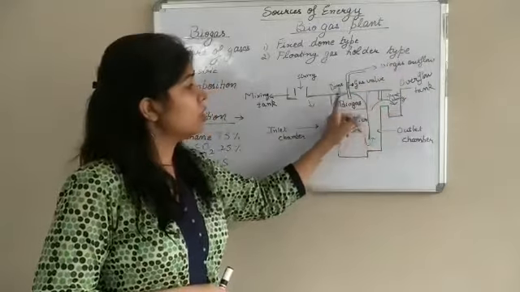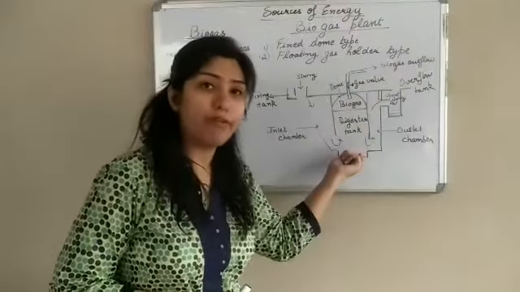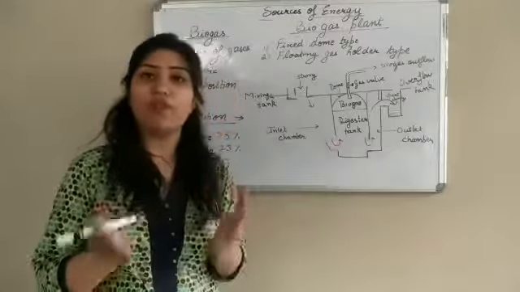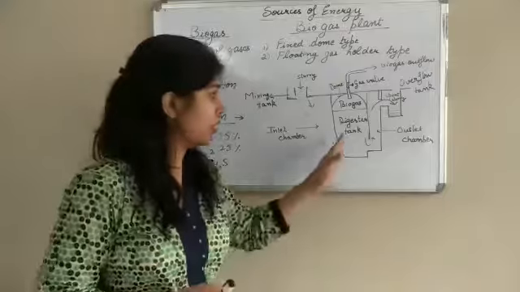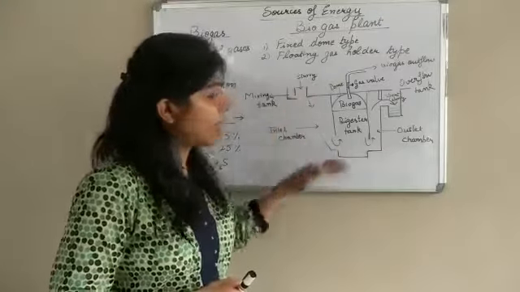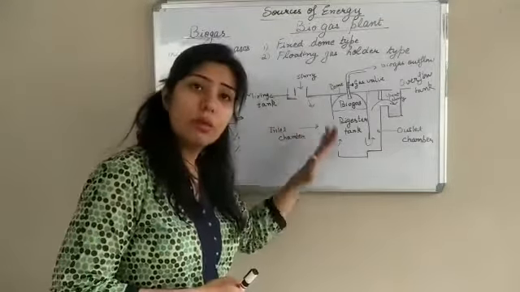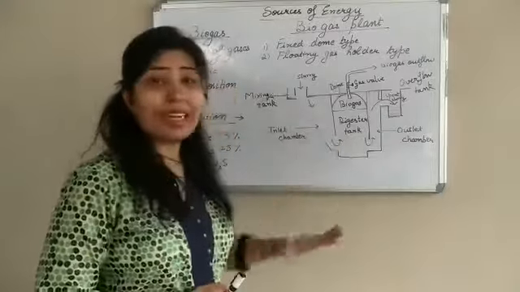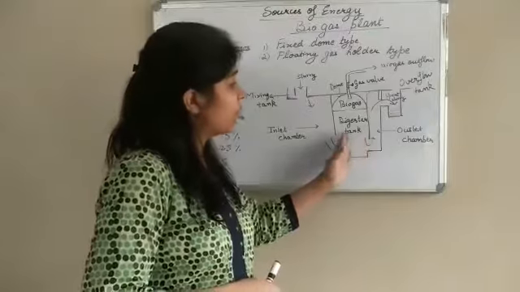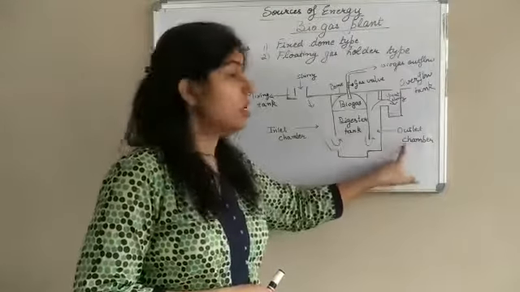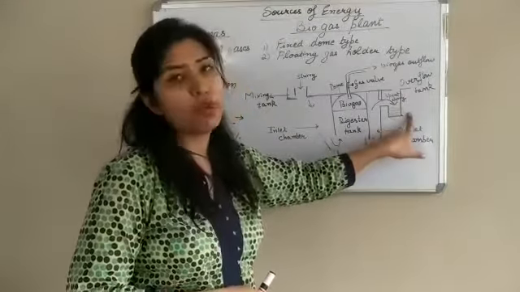Now, this is all about the biogas, but what about the leftover? There is a large amount of leftover substance over here. After the 30-40 days process, we keep adding the slurry in this biogas plant. When we add the slurry, the leftover from this digester tank will move out to the outlet chamber and go to the overflow tank.